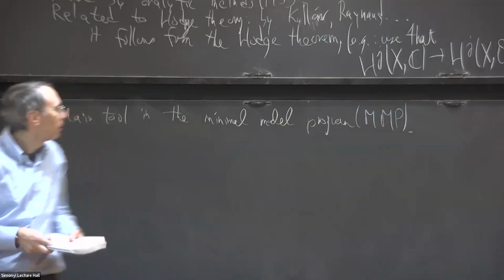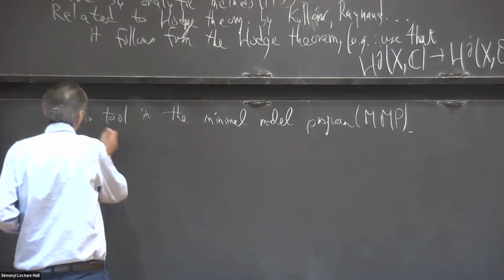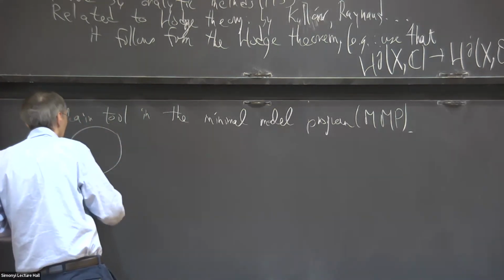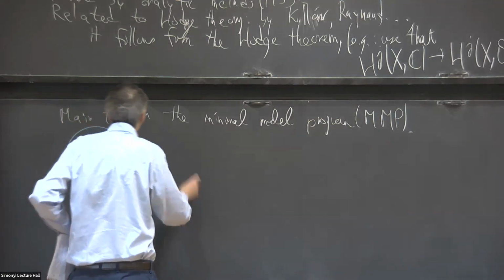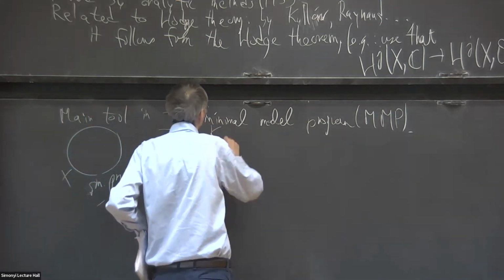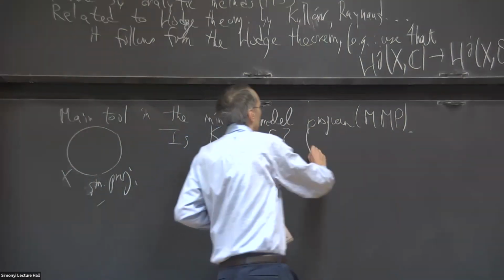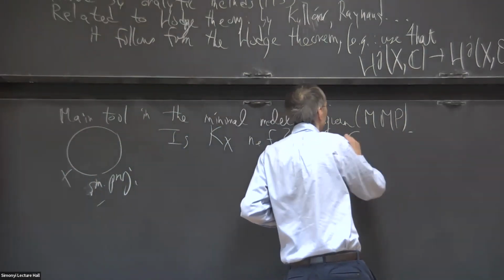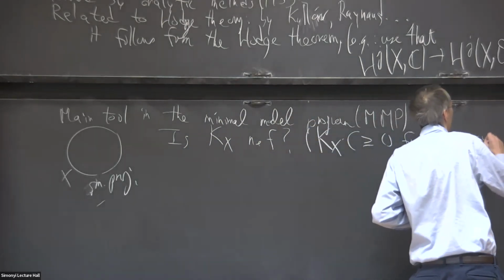To outline it quickly, you start with a smooth projective variety and ask whether its canonical bundle is nef, meaning that the degree of the canonical line bundle on every curve is non-negative.